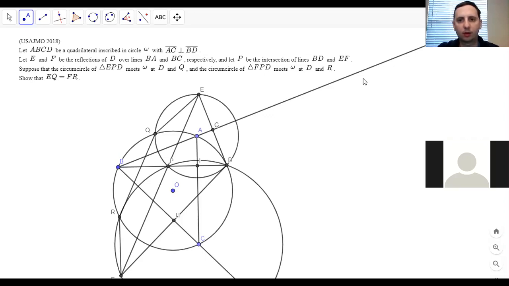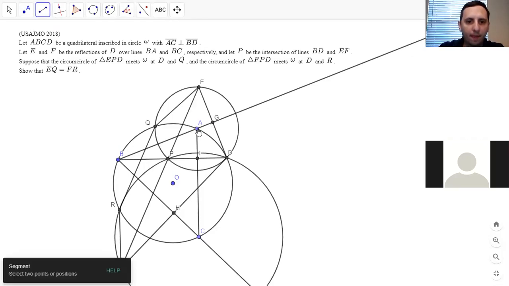Let's see. So Khan's saying by the Simpson line, P is the reflection of D across AC. So is that the Simpson line? The Simpson line is GIH.